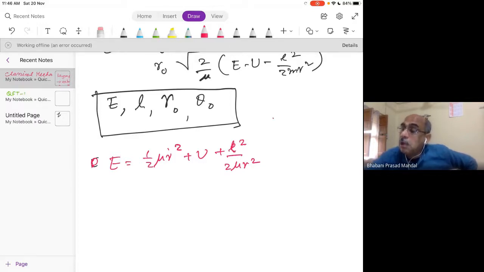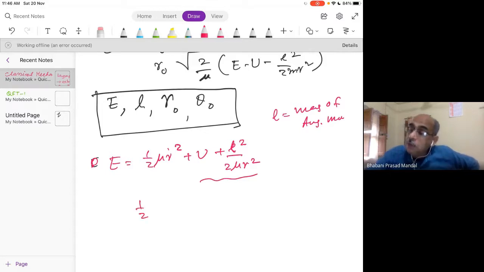So this is also a potential energy, because it is a function of r. This r is not a vector; it's the magnitude of r. So it's a single variable. When I write a vector, it may be in 2 dimensions, 2 variables, but this is only a single variable.